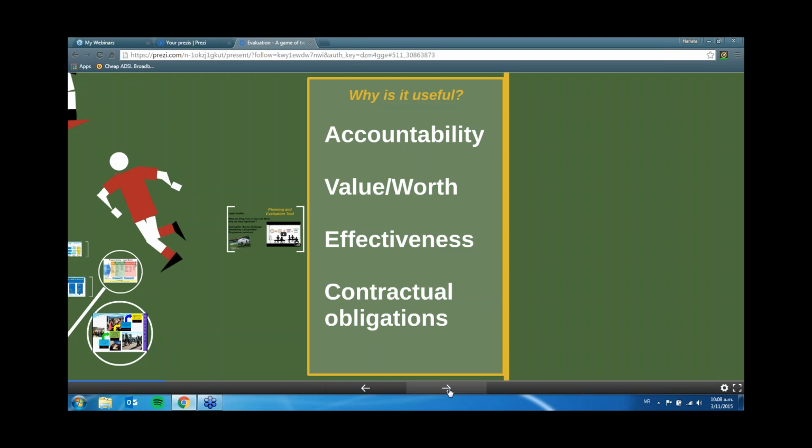And then with evaluation, you can't actually determine whether something was worthy, significant and effective if you don't actually know the what. So the ability for you to assess how well you've done against the contractual obligations rests on you having actually seen the piece of paper that stipulates that.